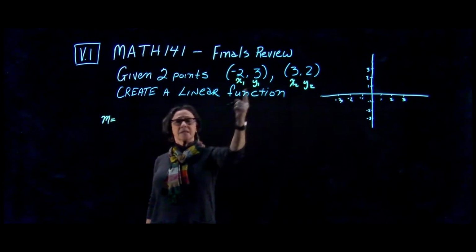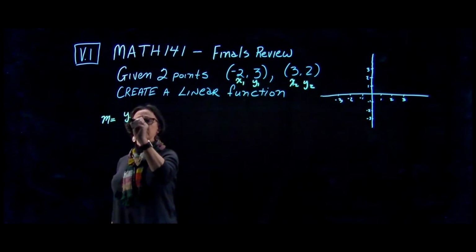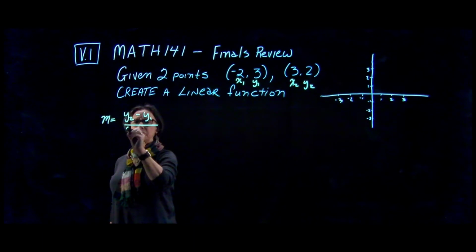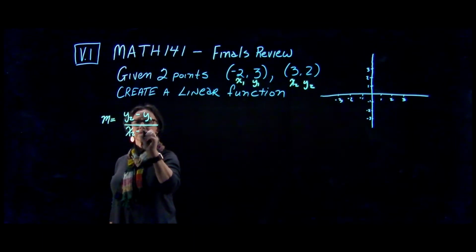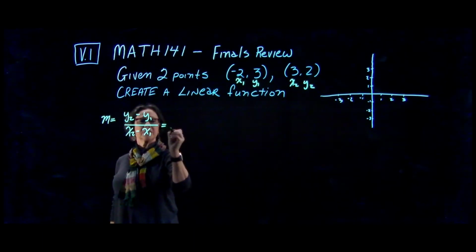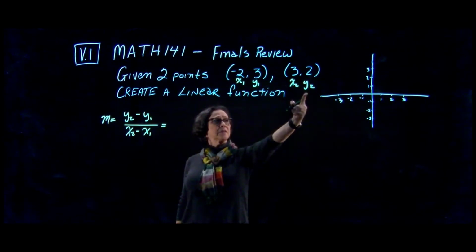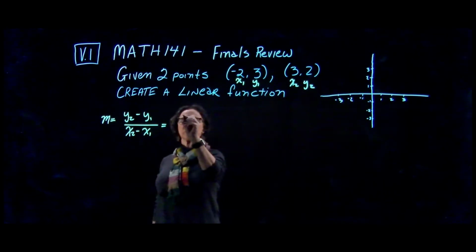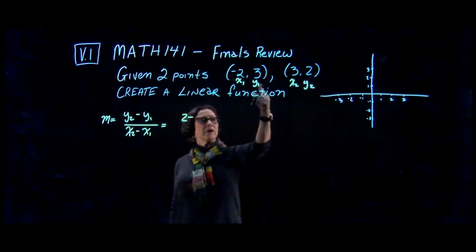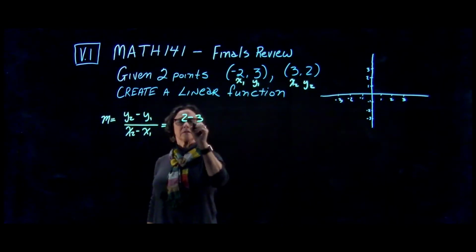So I'm going to take the change in y, and that is over the change in x. For this particular 2 points, my y sub 2 is the number 2, and my y sub 1 is 3.